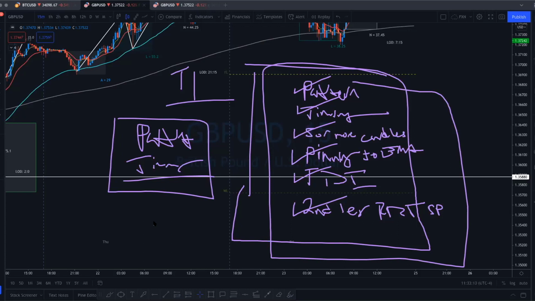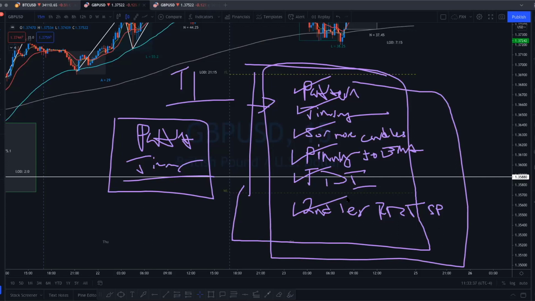So now imagine that every time that you take a type 1 trade setup, you're following this list here, and if all these check, you take the trade. If they don't check, you don't take the trade.